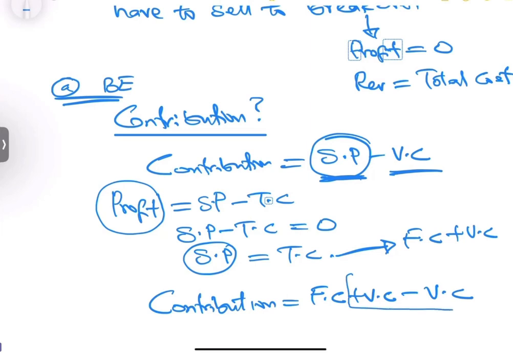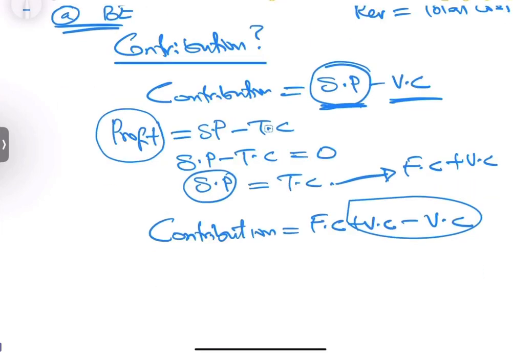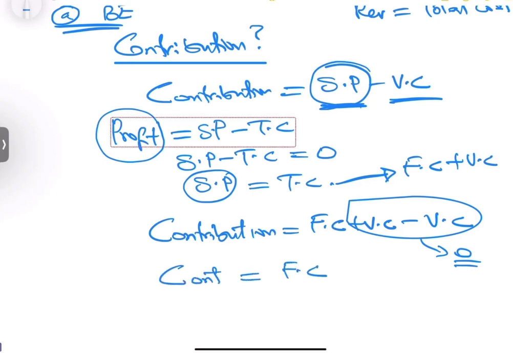The whole of this is what? Plus fixed cost minus fixed cost. I mean variable cost minus variable cost. What's variable cost minus variable cost? Zero. So if this is equal to zero, then automatically your contribution equals fixed cost at break even.